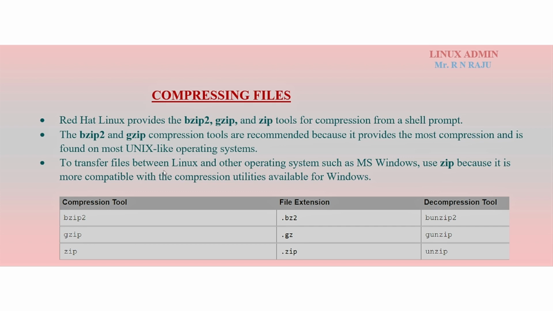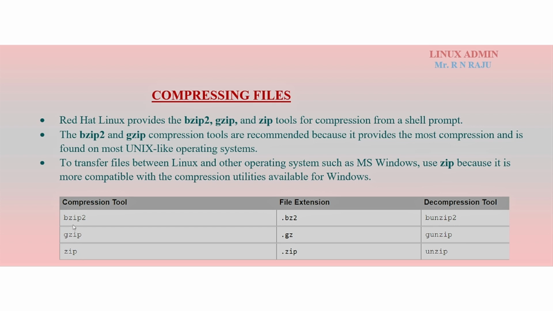And to transfer files between Linux and other operating systems such as Microsoft Windows, use zip. So if you have a Windows operating system and you want to transfer files from Linux to Windows, then we can use the zip tool. So zip is the universal tool for Windows and Linux, but the other two tools are only for Linux.